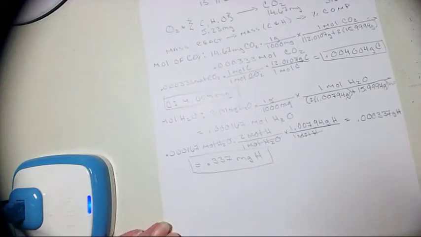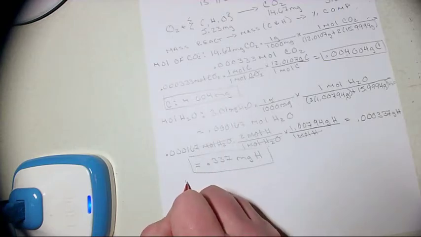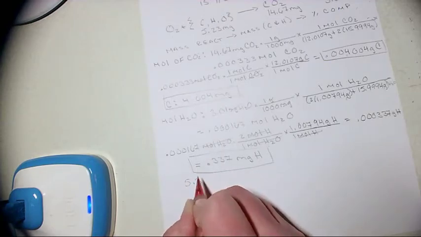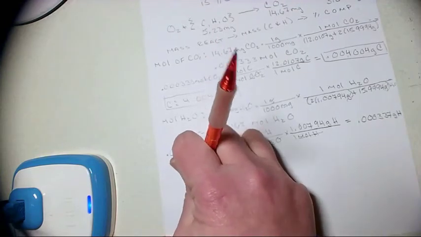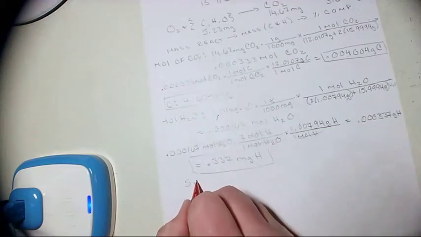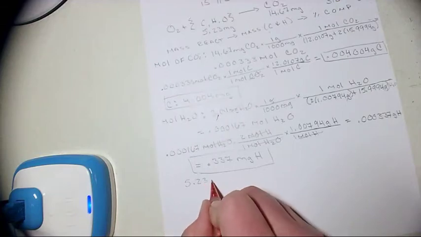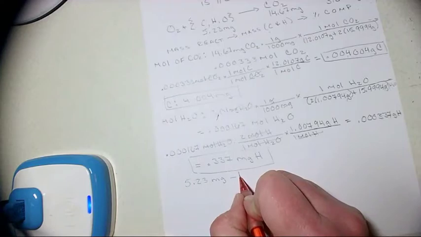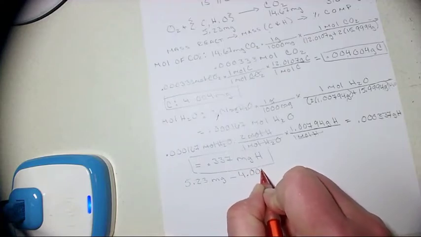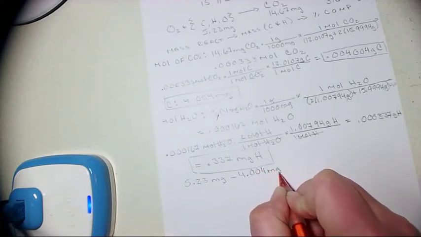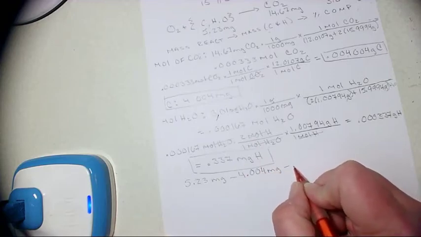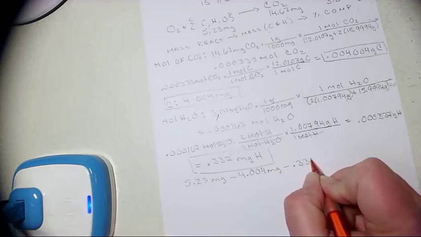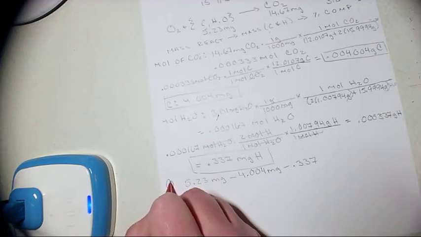So now we're ready to do the mass of the oxygen, which is simply going to be our 5.23 milligrams of the sample minus the carbon, 4.004 milligrams, minus the hydrogen, 0.337 milligrams, and I'm going to make a note here that we're doing oxygen.